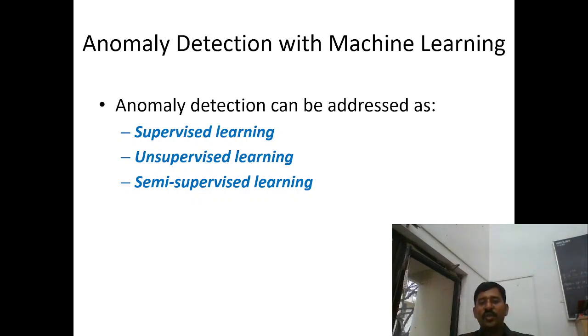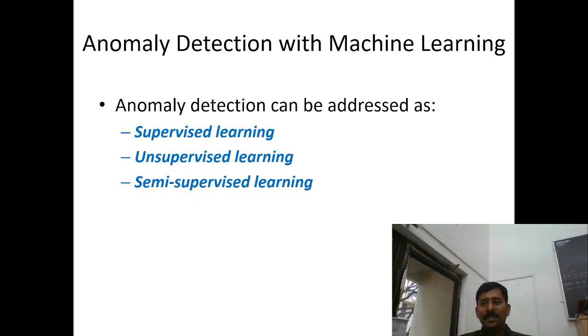Second category, that is unsupervised learning. In unsupervised learning, we train a model using only unlabeled normal samples to learn the structure of the normal data. In this category, at inference, any sample data that is significantly different from the normal behavior is flagged as an anomaly. Third category is semi-supervised learning.